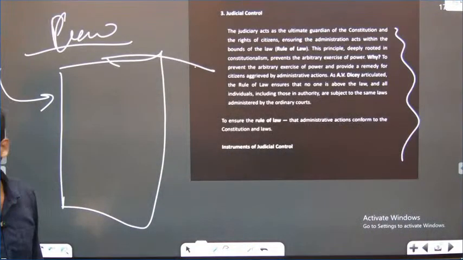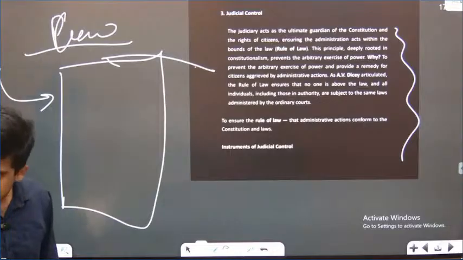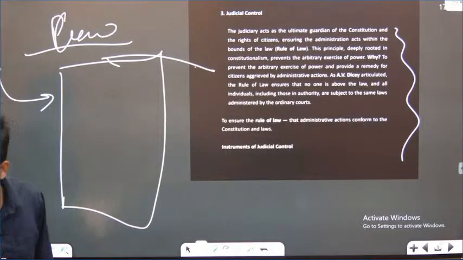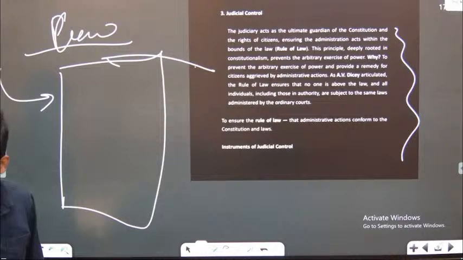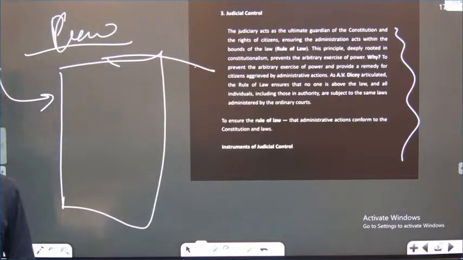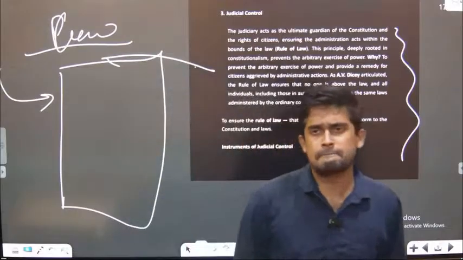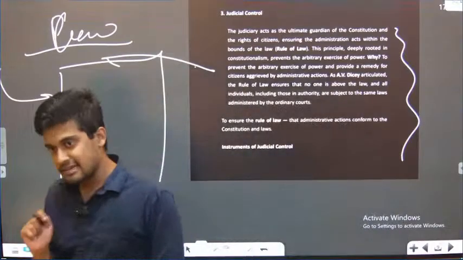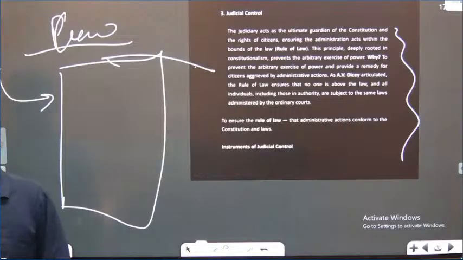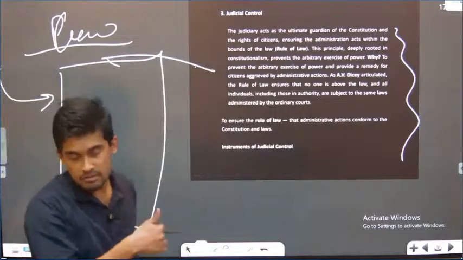How is rule of law ensured? If some problem happens, if somebody is not acting lawfully, a public functionary is not acting lawfully, what is the remedy against it? So, if, for example, a public functionary is not working, yes, writ of mandamus, to command that public officer to do some work.